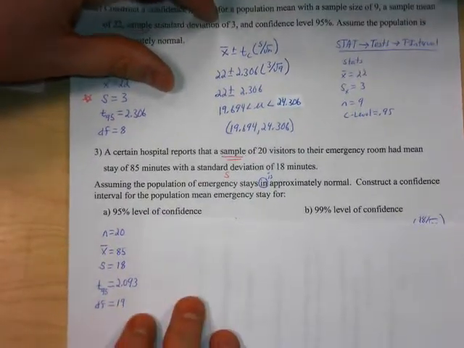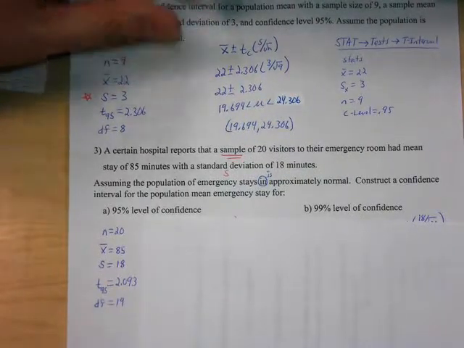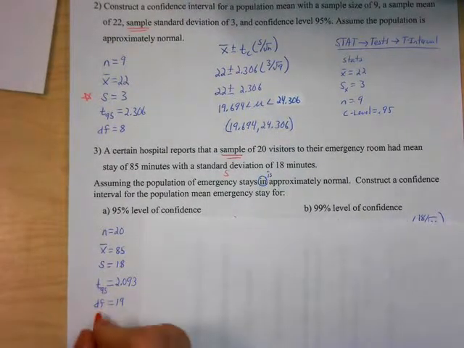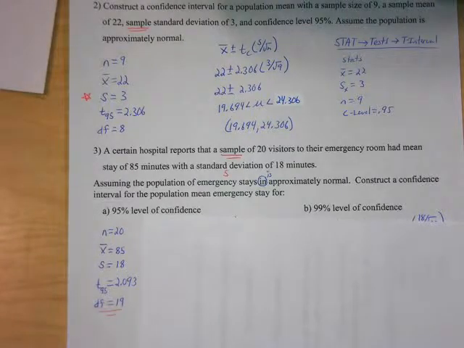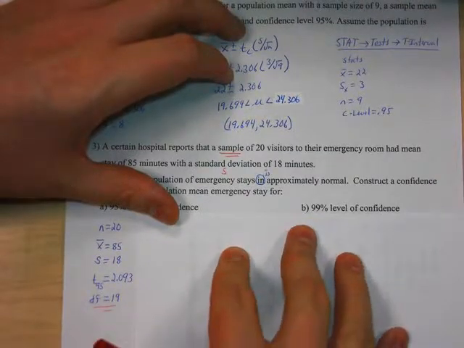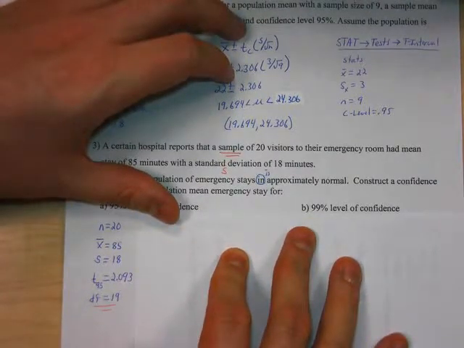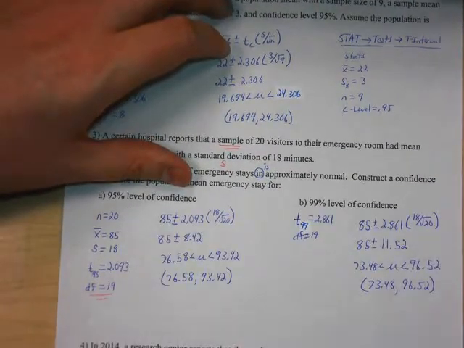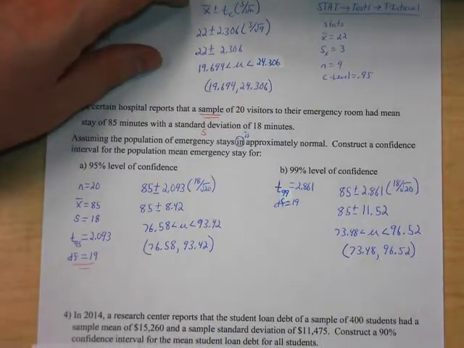Make sure you have the right t value down here: 19 degrees of freedom instead of 20. A lot of people will just use the n value, but it's n minus 1 degrees of freedom. Pause the video and do that, and I'm going to move on to the next couple just for the sake of time.